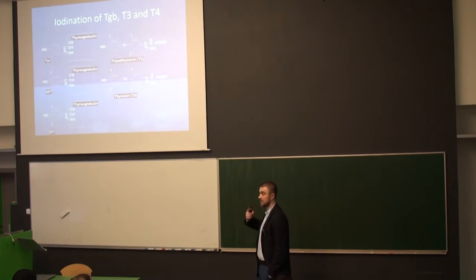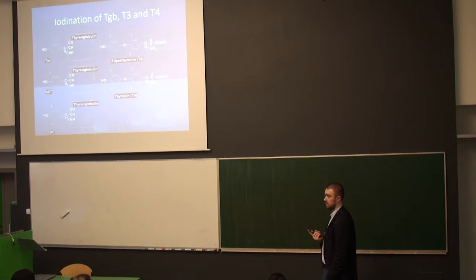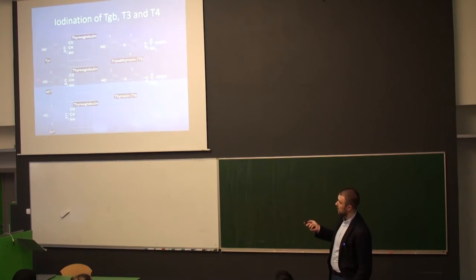And then in the next step, that we call coupling, you do a very simple thing. You combine these two molecules together. It's not surprising that if you want to produce thyroxine, that means T4, you will combine 2 molecules of the iodotyrosine.